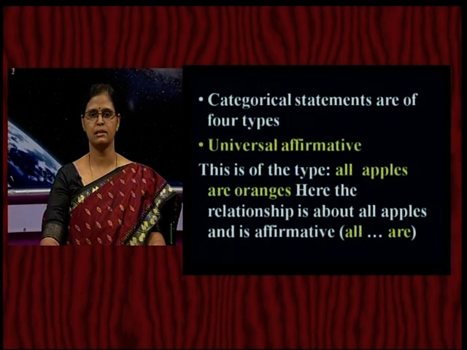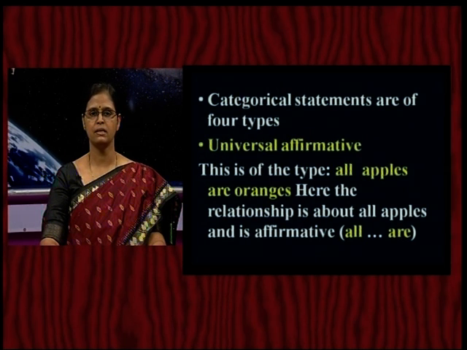All apples are oranges. You will have to note the words "all" and "are". This relationship is speaking about all apples, and I am making an affirmative statement. If I am using the words "all" followed by "are", then I call that statement a universal affirmative.